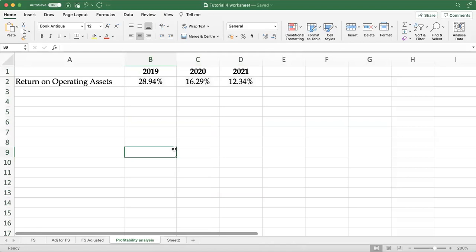Now you see a return on operating assets. Now you can check your answers. Now if you have any question, you can ask. You can interrupt me and ask.